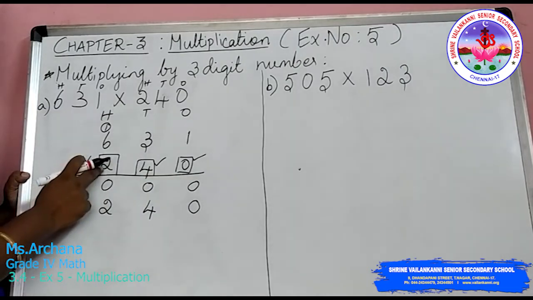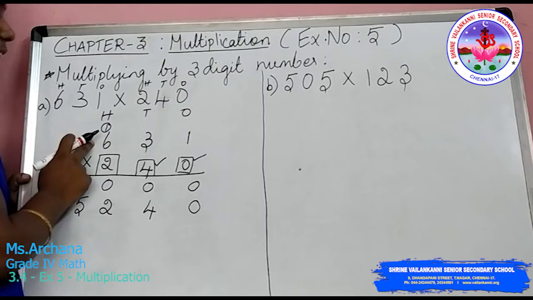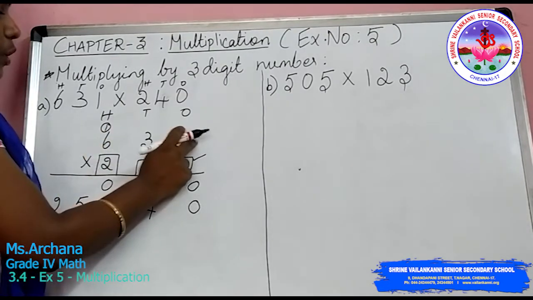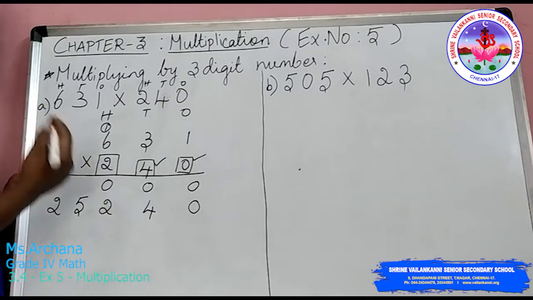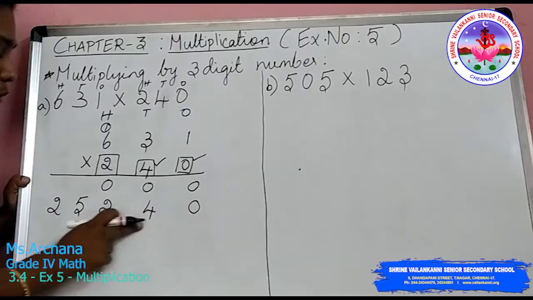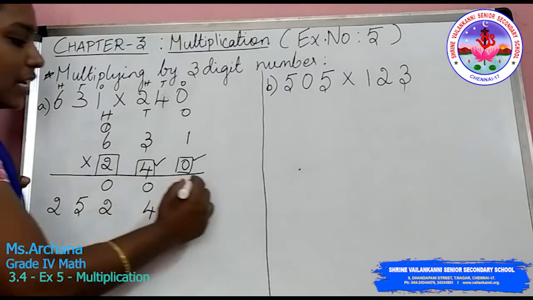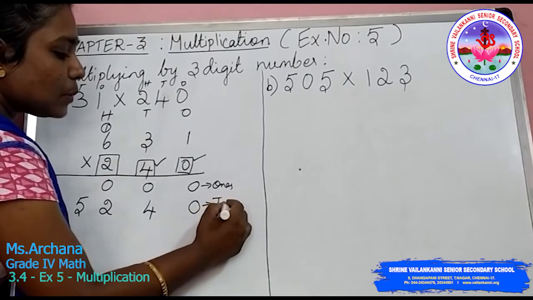In the hundreds place I have 2. With this 2 we are going to multiply all the numbers above. First we will start from the ones place. 2 ones are 2. Before writing the answer, you are supposed to do as you did in the second row. The first row is for the ones place and the second row is for the tens place.